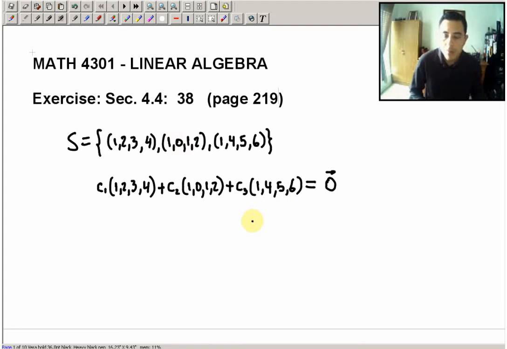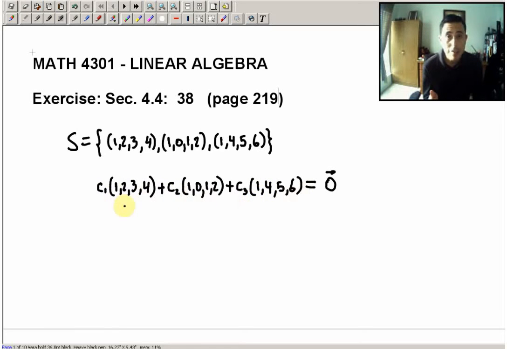Well, remember how we showed that vectors are linearly independent or dependent. We set a linear combination equal to the zero vector, and when we solve this, if the solution for the C's is just the trivial solution, then we say these vectors are linearly independent. But the exercise is already telling us that they're not. They are linearly dependent.